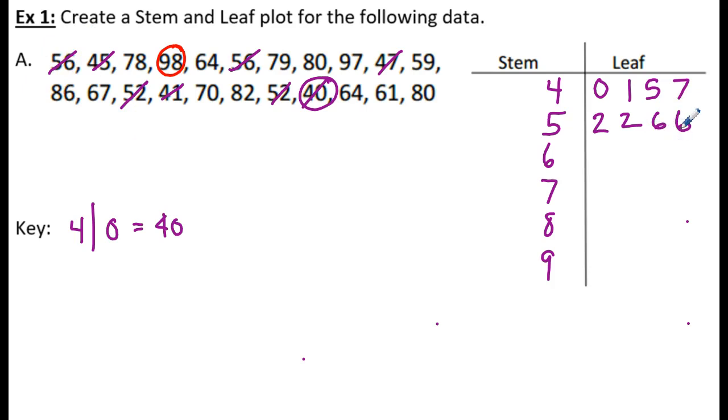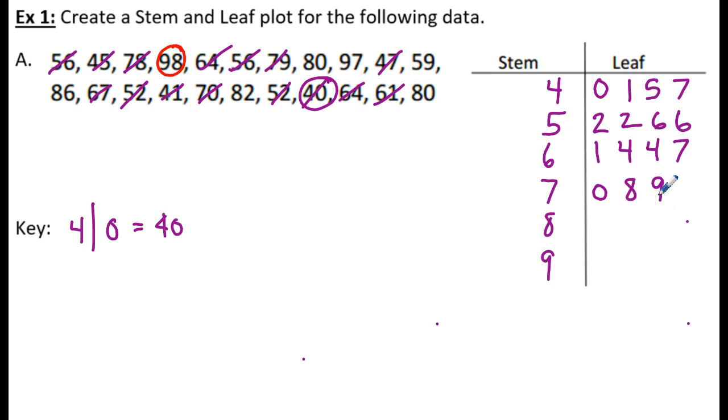Into the 60s, I have a 61, I have a 64, another 64, so I'll write that down twice, and then I finally have a 67. Into the 70s, I have 70, 78, and 79, so I'll put down an 8 and a 9.